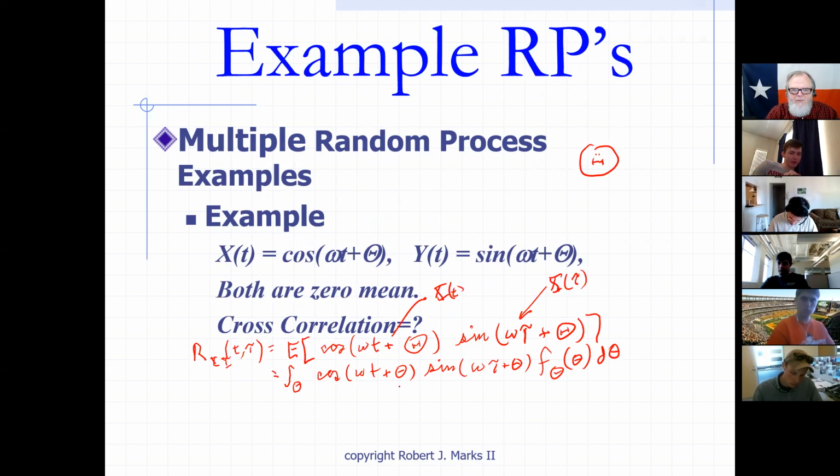So again, this is kind of weird, since you're integrating over not the values of t, but you're integrating over the corresponding variable associated with the density function of phi. And so we could figure this out. For example, let's take an example of f sub theta.